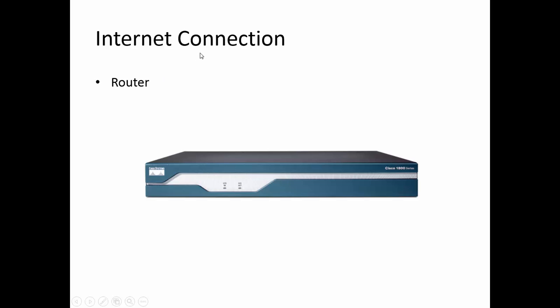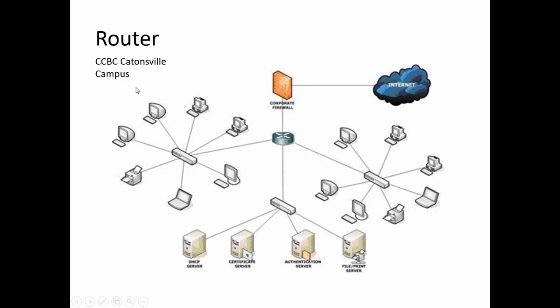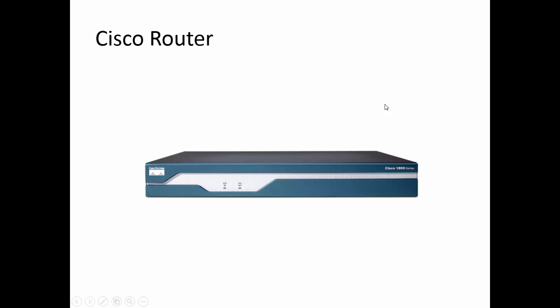The router provides the internet connection from a local area network to a wide area network. In a large organization, such as CCBC, we have a router which connects all of our local area networks together and which connects all the local area networks to the wide area network connection. And that would be a Cisco router for a large organization.